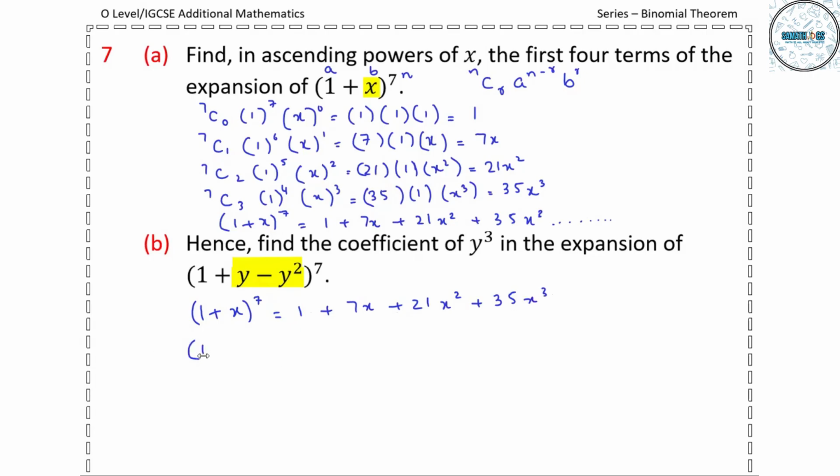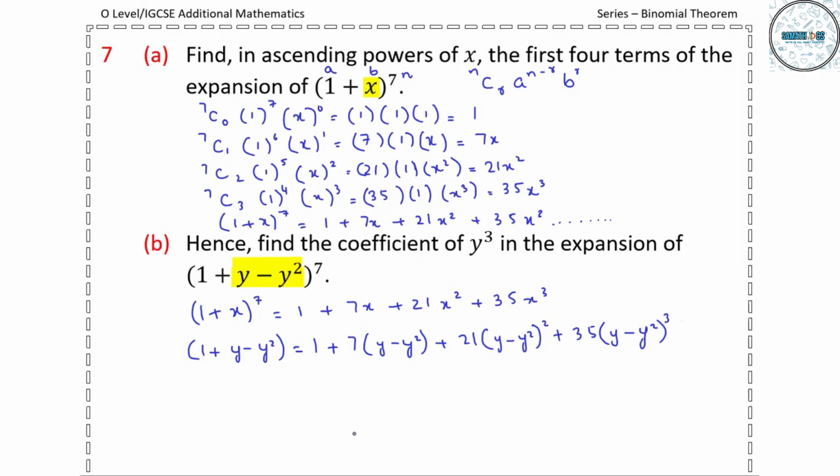So if we have to do the expansion of 1 plus y minus y square, then this x will be replaced by y minus y square. 21 y minus y square with power 2 plus 35 y minus y square with power 3.